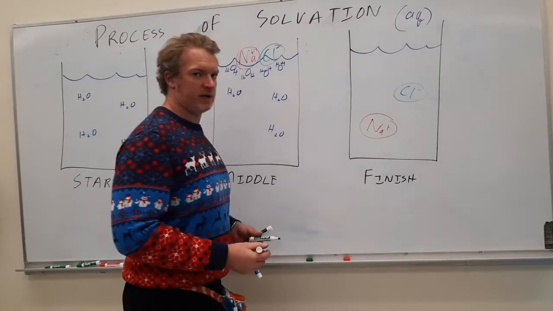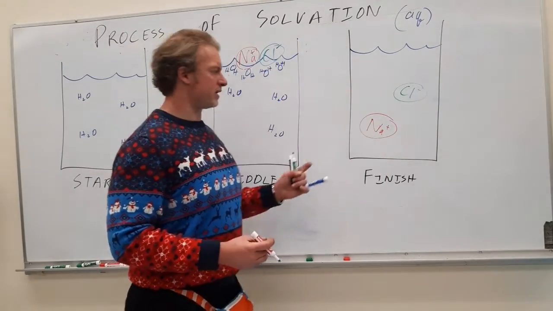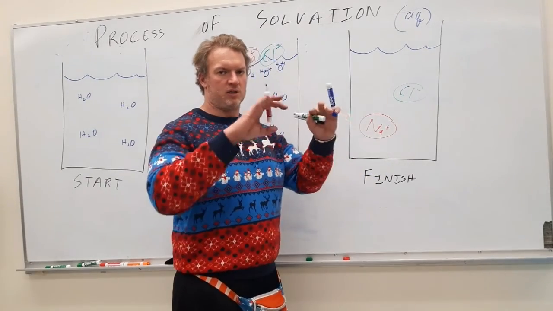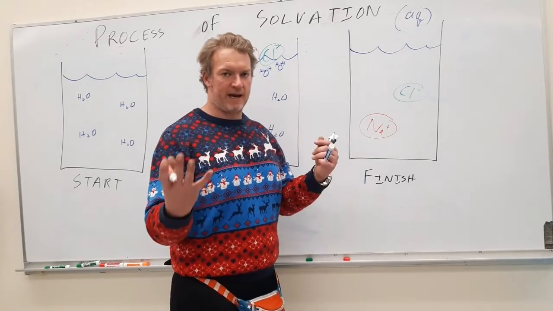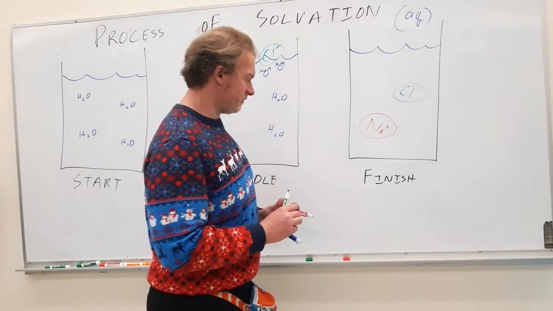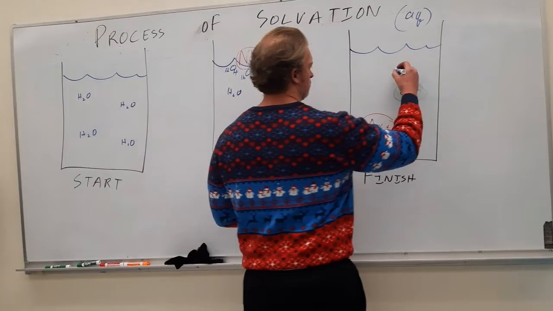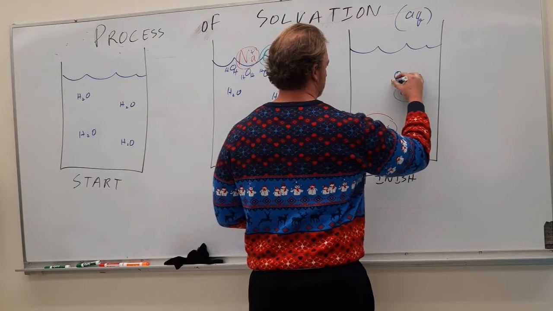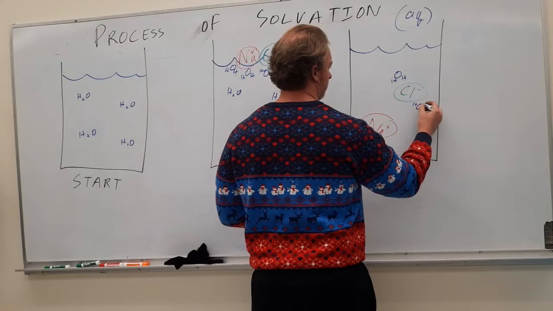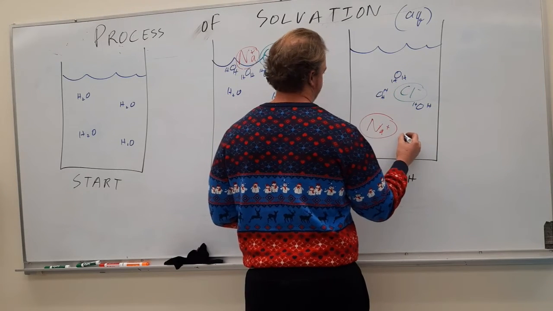This is very interesting. Ionic compounds that solvate in water separate into their cations and anions. And they are individualized, shall we say, and surrounded by water molecules in what is called the solvation sphere or solvation shell.